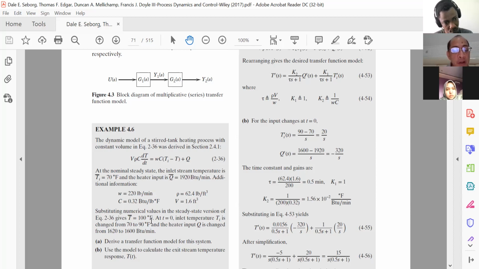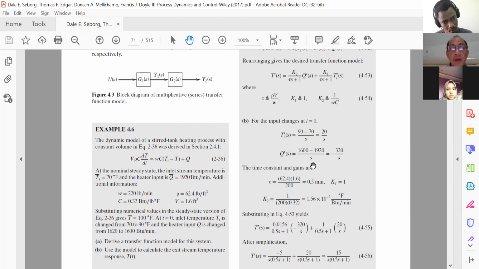We will get T bar at steady state to be 100 degrees Fahrenheit. The inlet temperature is changed from 70 to 90 at time equals 0, and the heater input Q is changed from 1620 to 1600 BTU per minute. Derive a transfer function model for this system.